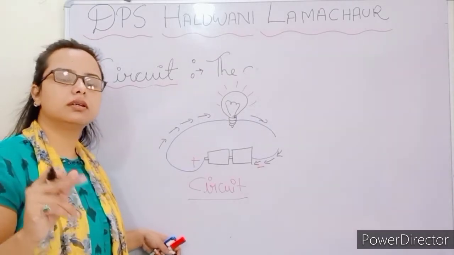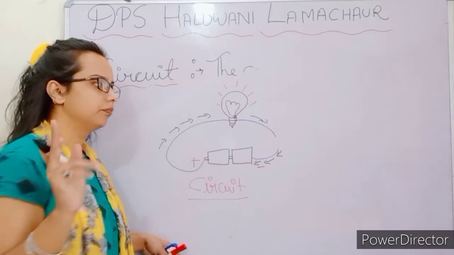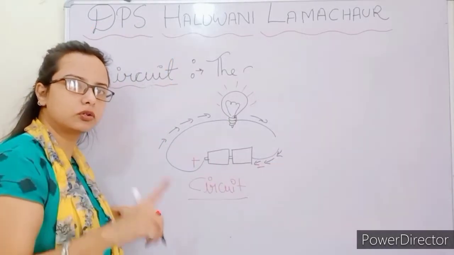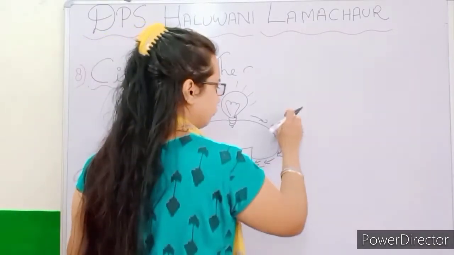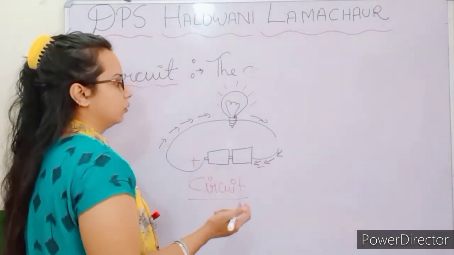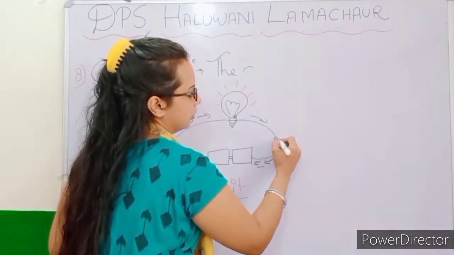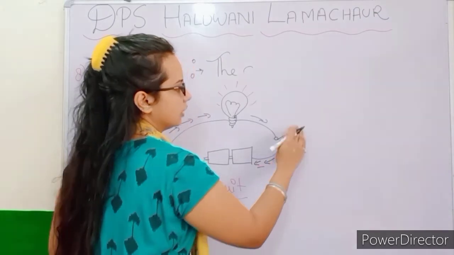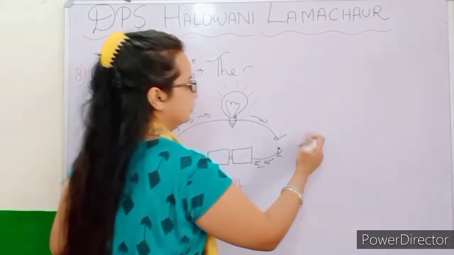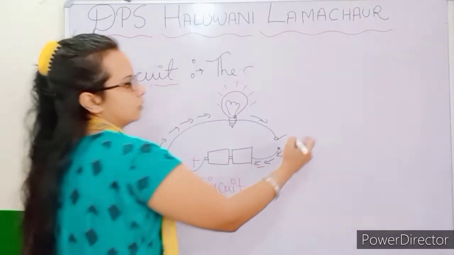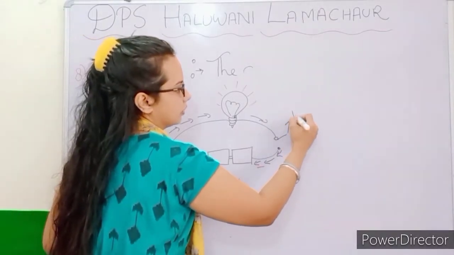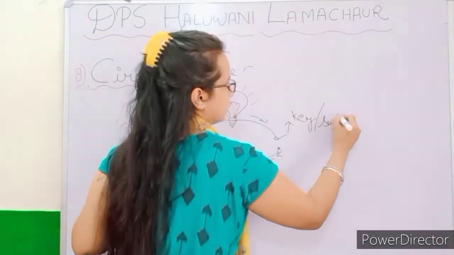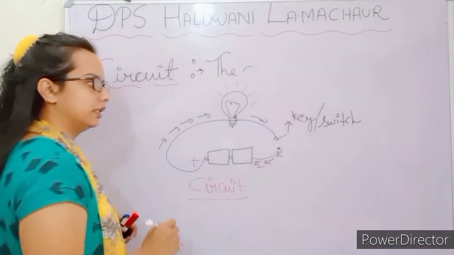And when you switch on the fan, that time also there is a switch. To start the fan or to make the bulb glow, you switch it on. So here I am making a key. This is another part, known as a key, or we can say a switch.